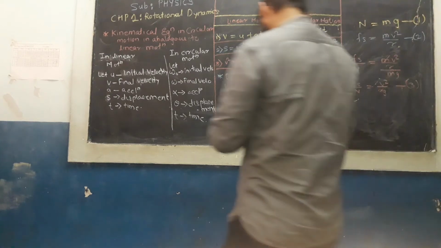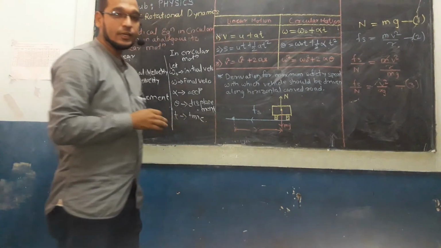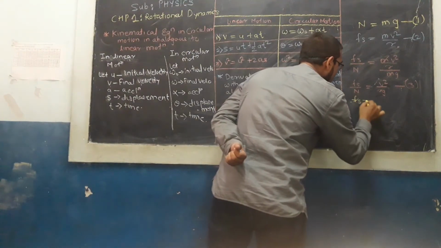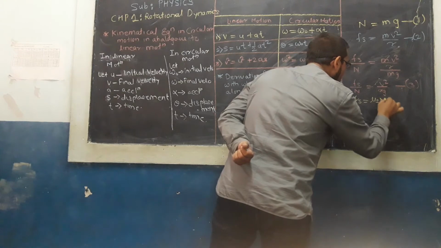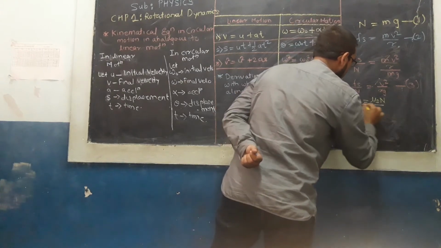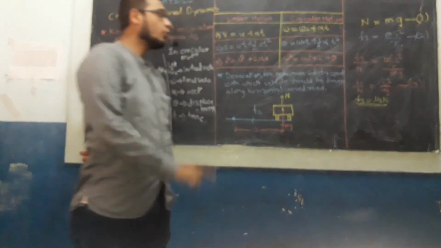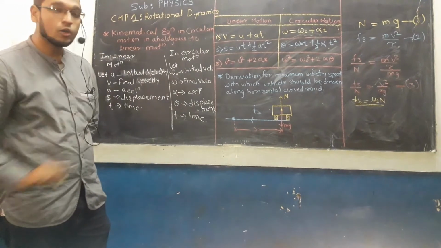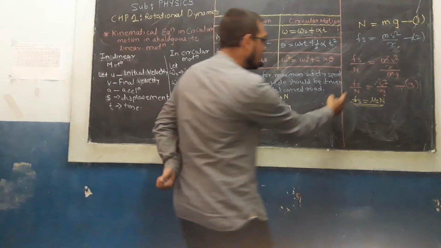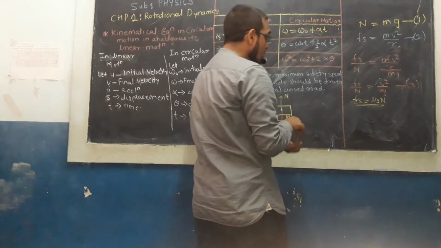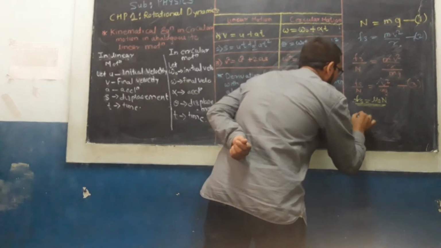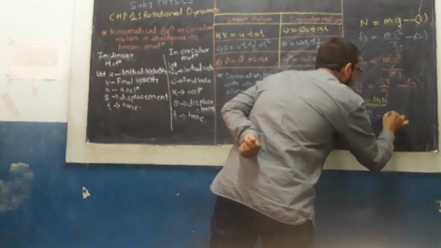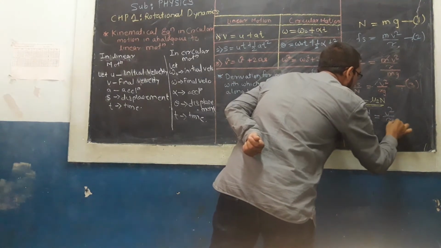So it has a maximum upper limit, and we can write Fs is equal to mu s into N. Force of friction is equal to the coefficient of static friction into the normal reaction. So if you put this value in equation number 3, what do we get? Mu s into N upon N is equal to v square upon rg.